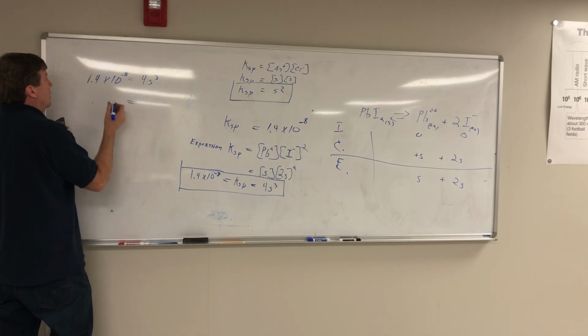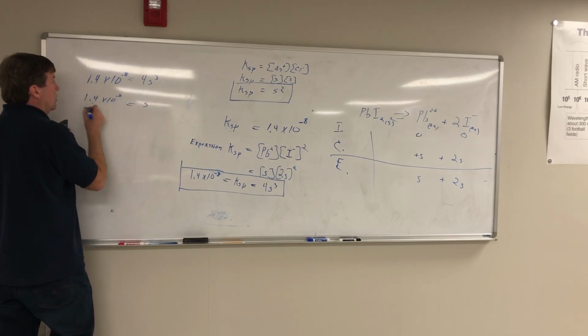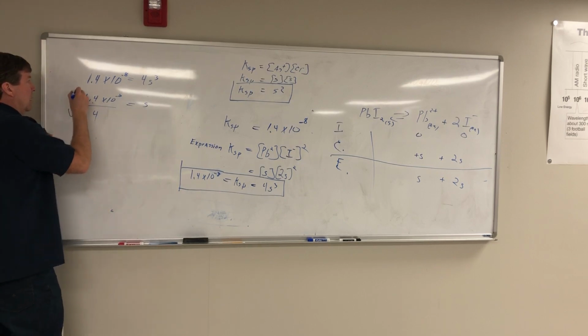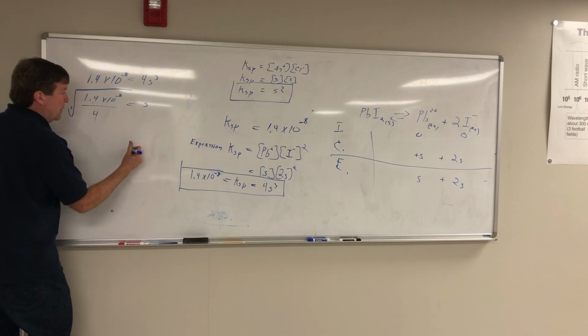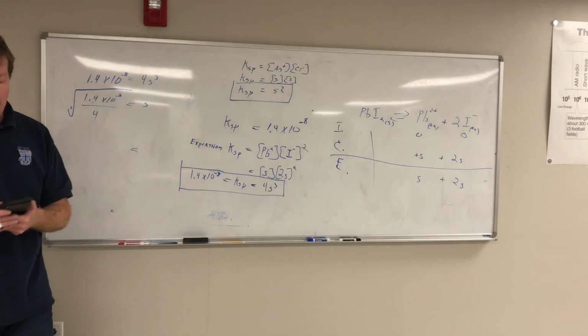So let's solve for S. We'll divide by 4. Doing this quickly. Take the cubed root here. That gives me S. So let's see what we got there.